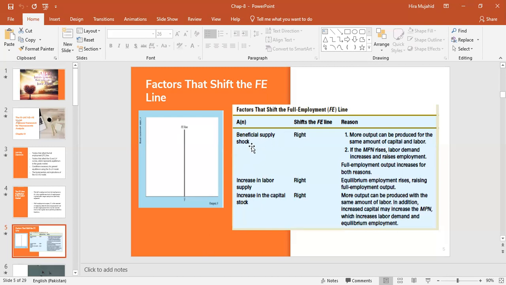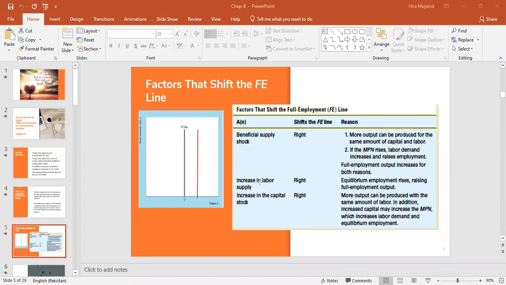If there is a beneficial supply shock, the FE line will shift to the right, over here, right? Because more output can be produced for the same amount of capital and labor, and the marginal product of labor rises, labor demand increases and it raises employment, right?